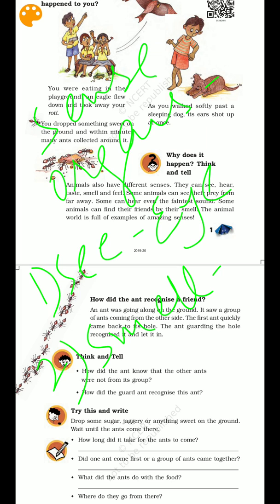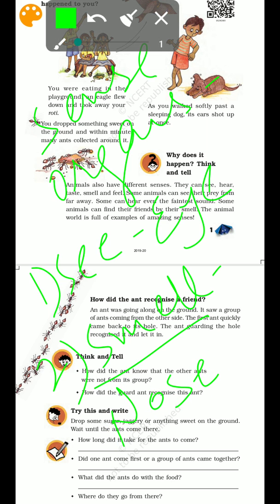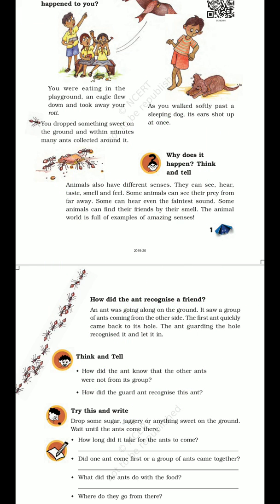Smell is the sense, and with the help of which organ do you smell things? Yes, with the help of nose. Very good. So, see is the sense and eye is the sense organ; smell is the sense and nose is the sense organ.